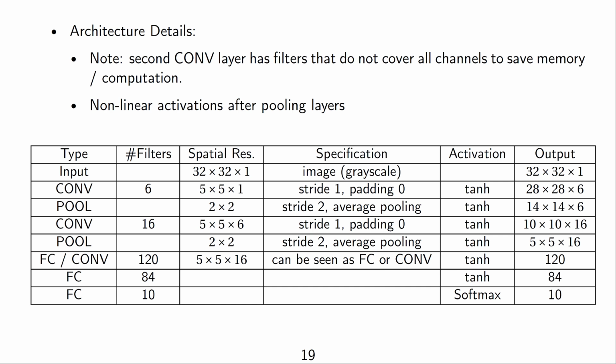So here are some details. One interesting thing is that the second convolutional layer has filters that do not cover all channels to save memory and computation. So let's say the input has 6 channels to a particular layer.